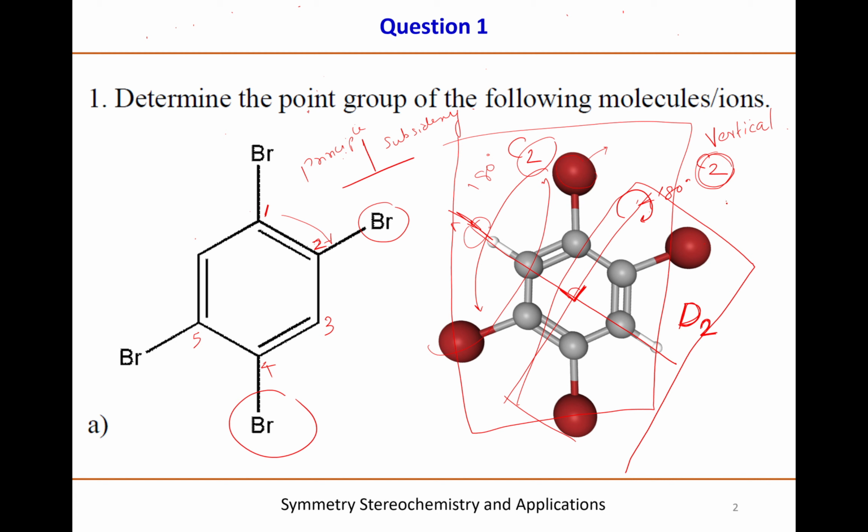So this is called a horizontal plane. Horizontal plane, right? Because in this molecule both planes are present, vertical as well as horizontal, that's why we will write H here. Symmetry will become H. So the point group for this molecule is D2H.